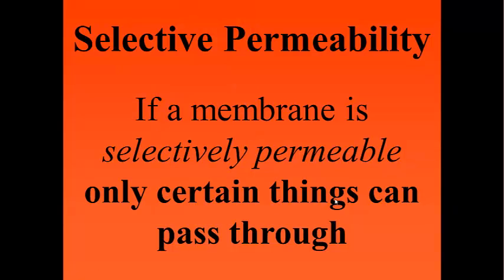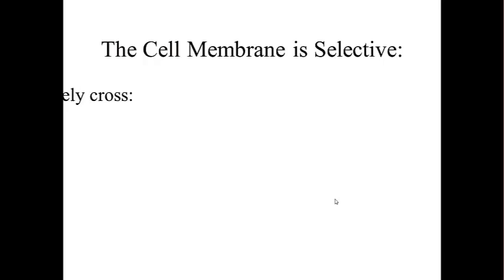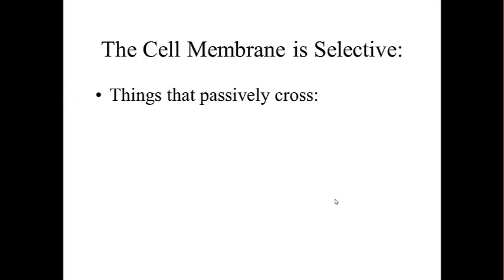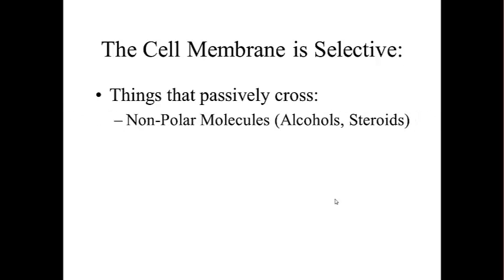Okay, we talked about selective permeability. If a membrane is selectively permeable, only certain things can pass through. Things that can pass across the cell membrane are non-polar molecules, so alcohols and steroids.